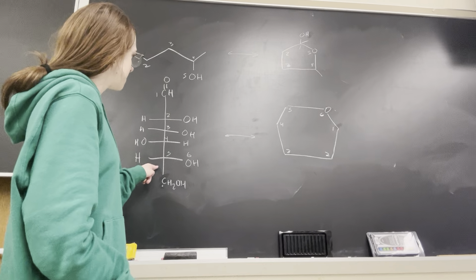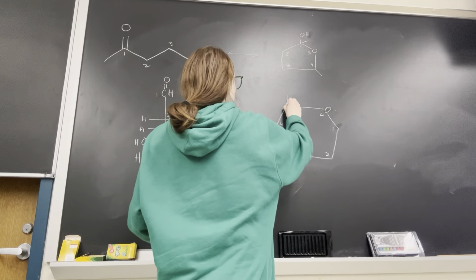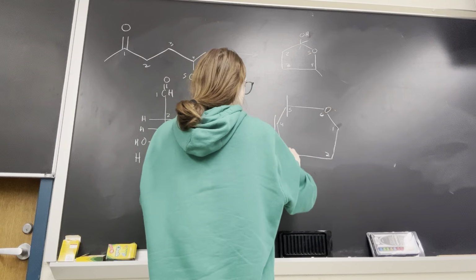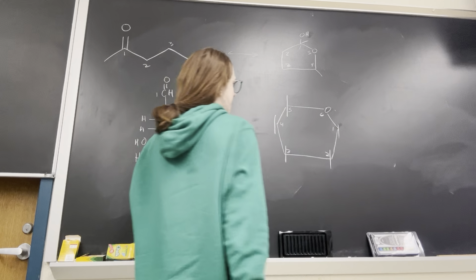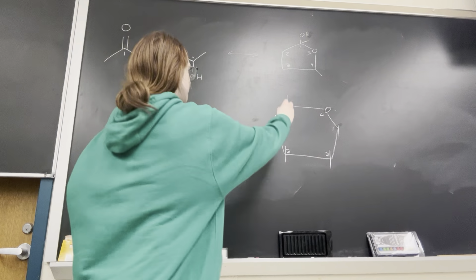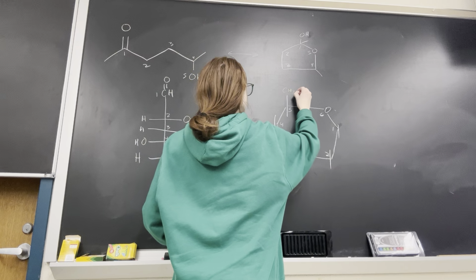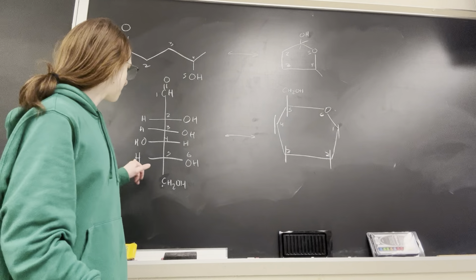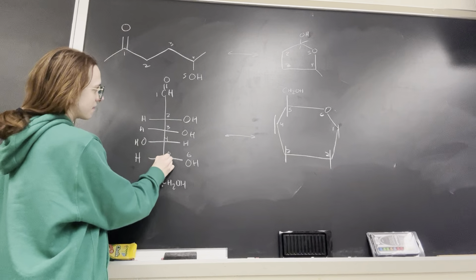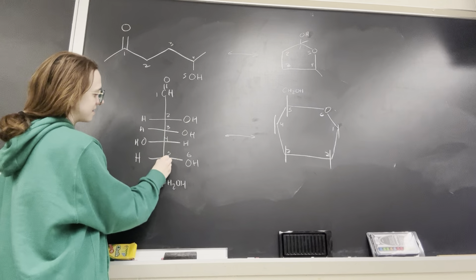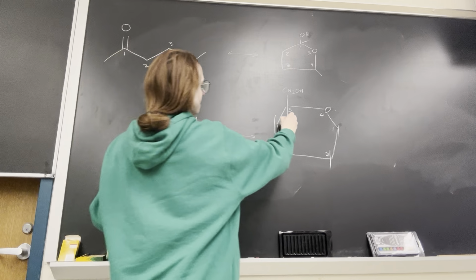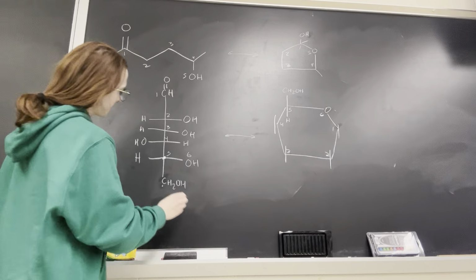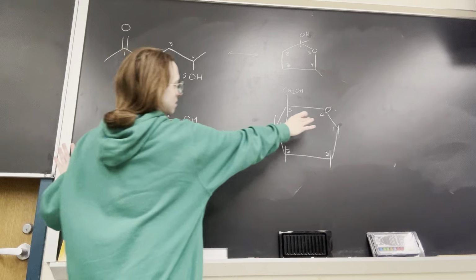So you have the 0, and then these are all gonna be ups and downs. The CH2OH, if it is a D sugar, is gonna be up top. And the other thing attached to that carbon, because this is carbon number 5, it has a CH2OH, it has the H, and it has the O, which is here.